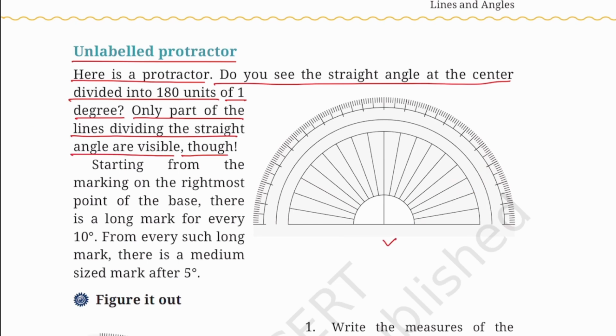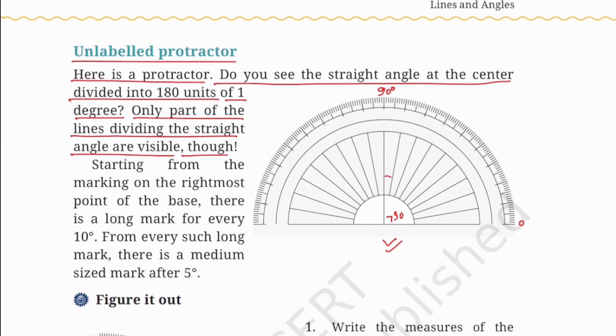You can see an unlabeled protractor here. By your previous experiences, you can mark the angles on it. For example, this is 90 degree, that means here you have to write 90 degree. How many parts?